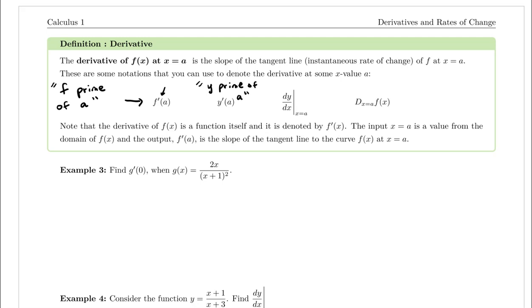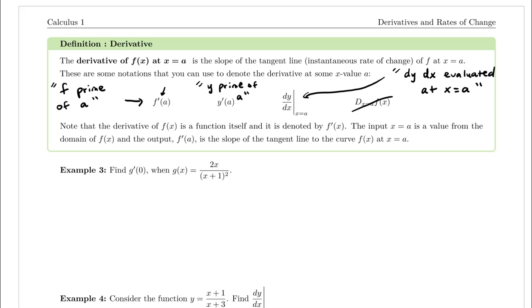And then, let's see, this one is not a very common notation with the capital D. I wanted to include it because it's in our textbook, but it's not one that's super common. So I'm probably going to say that we're not really going to use that one, but this other one, we would read this as dy dx evaluated at x equals a.